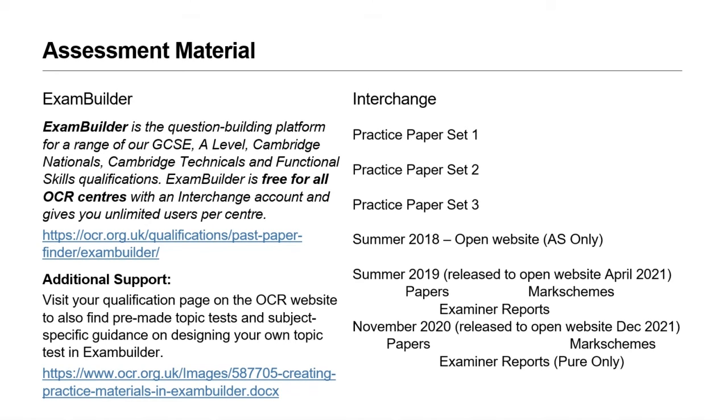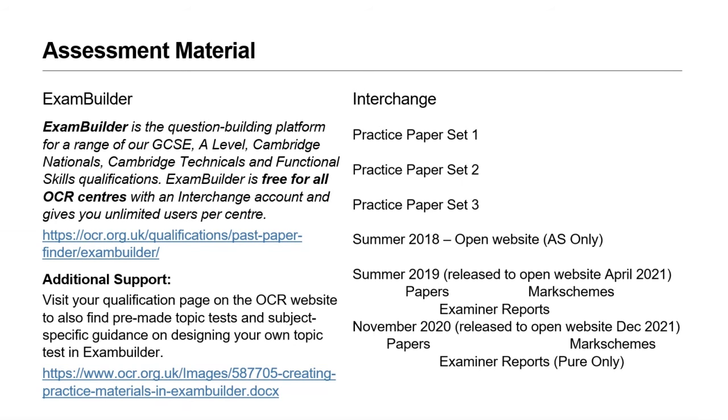Clearly that's not available for the practice papers, and there wasn't much that they could do with the mark schemes for the 2020 and 2021 papers because they didn't have many candidate scripts to look at. So the summer 2019 mark schemes will be the most detailed.